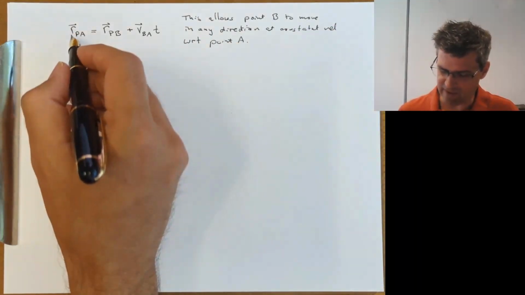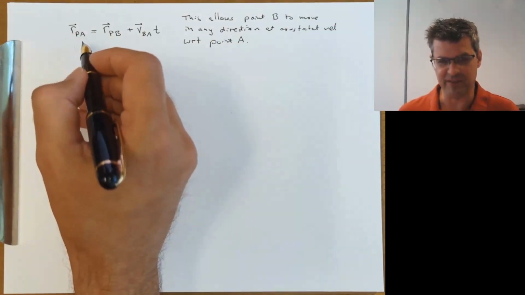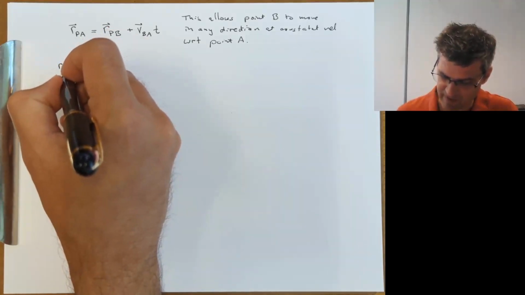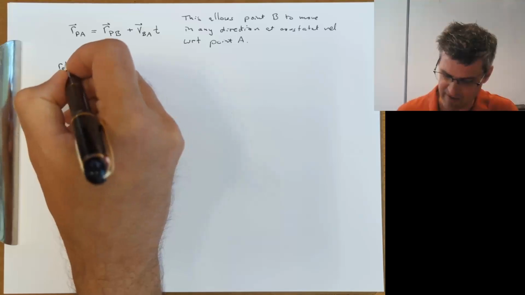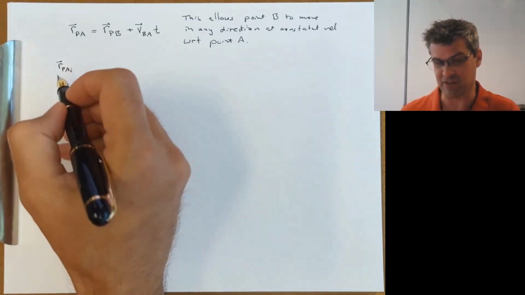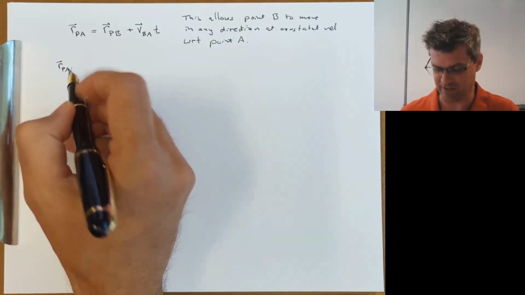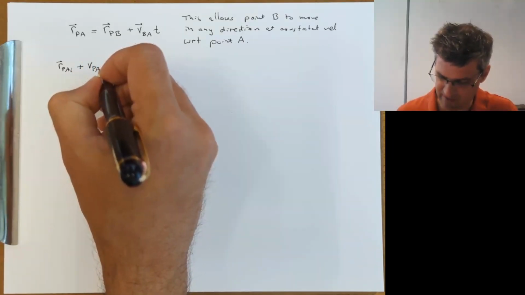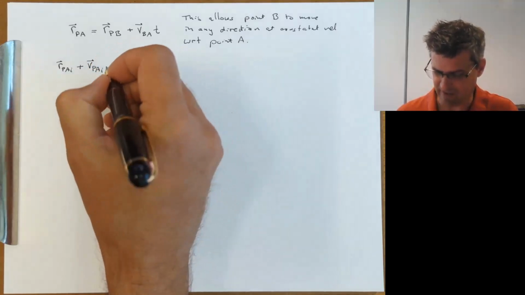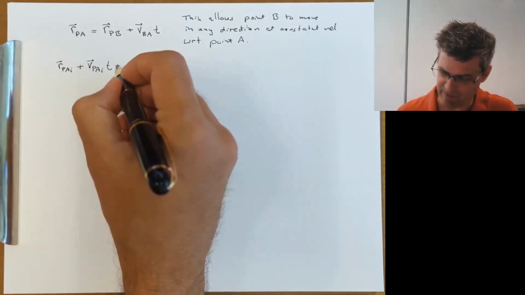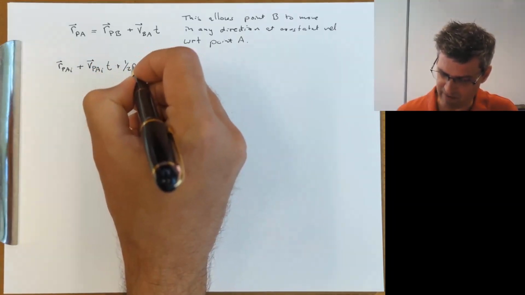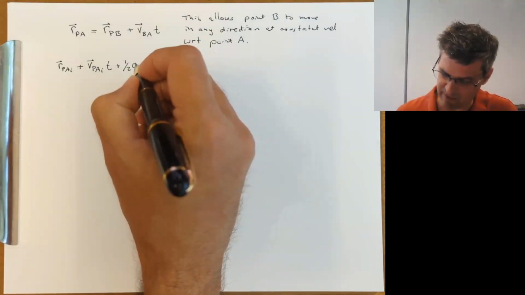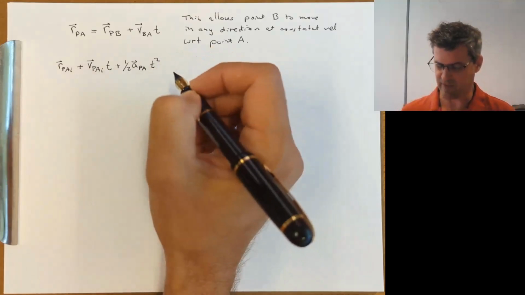Now, what is point P's position as a function of time? Well, that is going to be r, the position of P with respect to A, its initial value, plus the velocity of P with respect to A's initial value times time, plus 1/2 the acceleration of point P with respect to A, t squared.